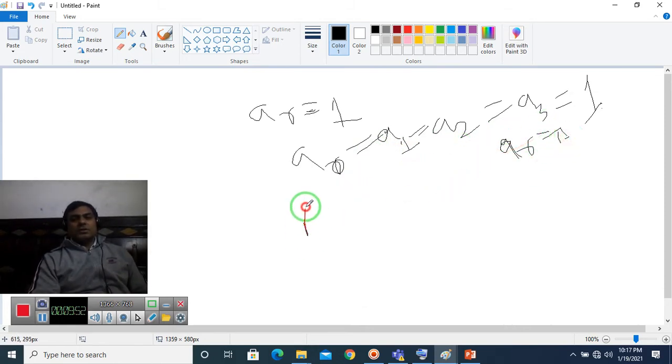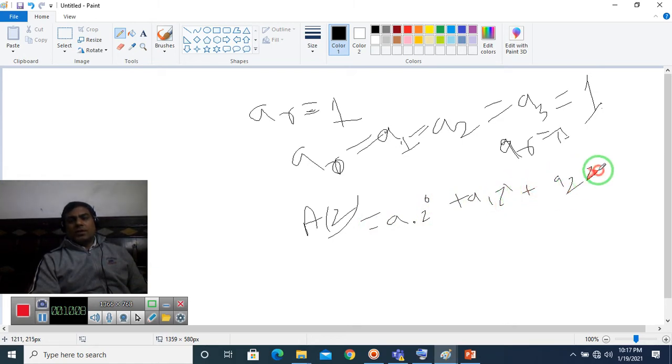So we should put A(z) equal to a0 z0 plus a1 z1 plus a2 z2 plus a_r z^r.